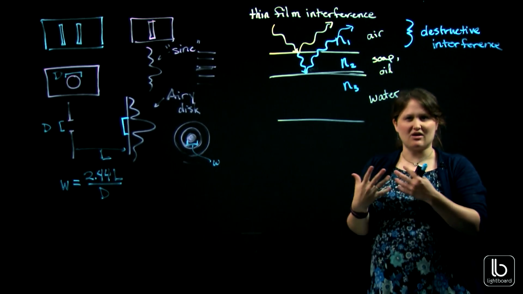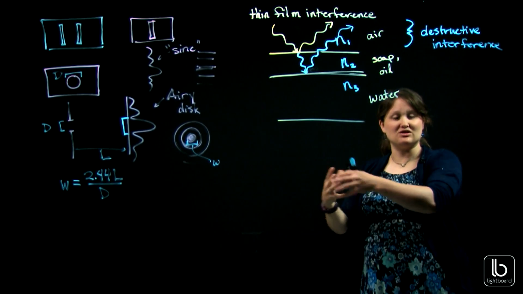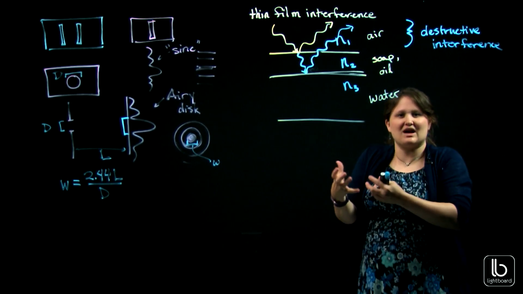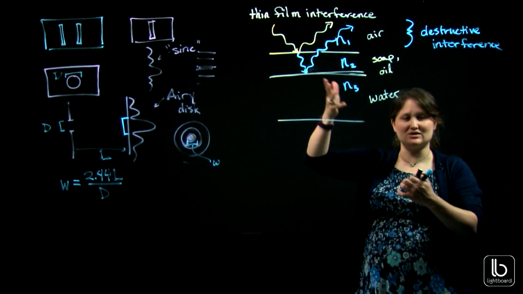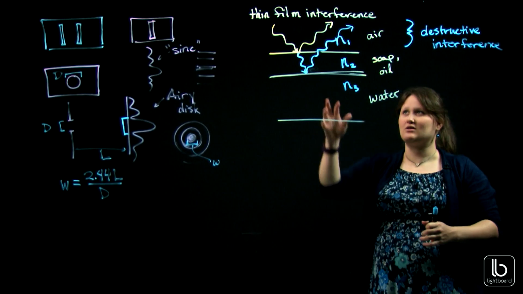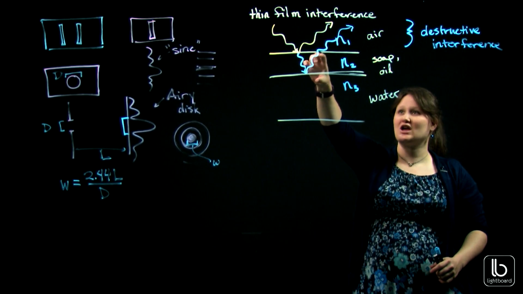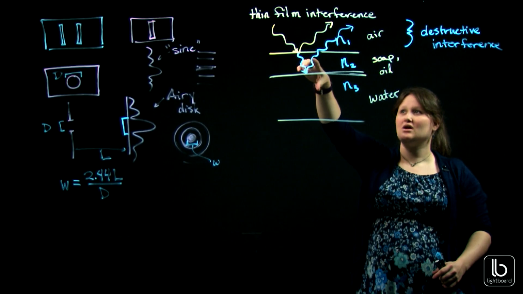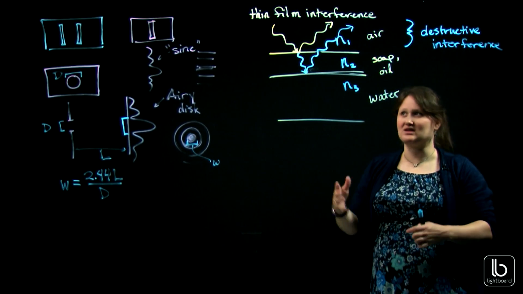And so think about the colors you see in a soap film. So you see kind of that magenta or that yellow or that kind of cyan blue. And that's what you're seeing when you get a thin film. Now, if you see a change in color, that's because you're seeing a change in thickness in the film. So different wavelengths are canceling. That's the idea.